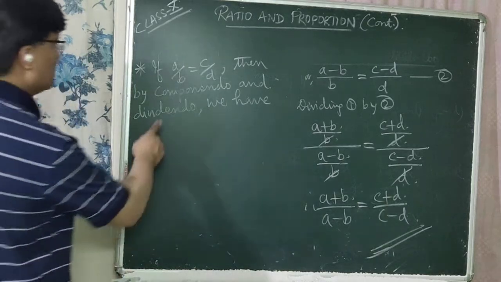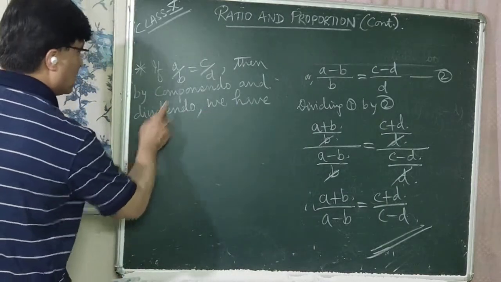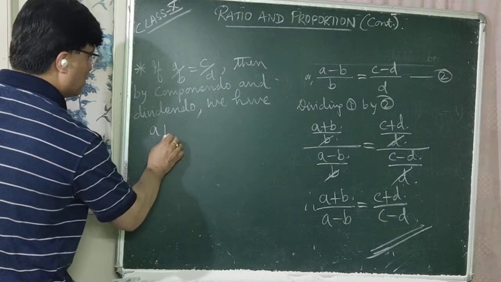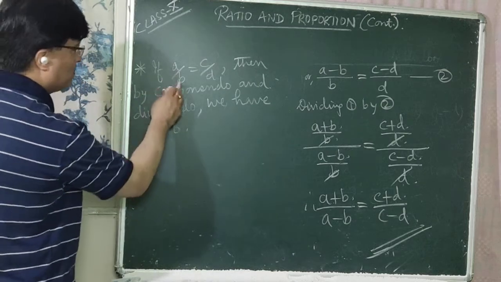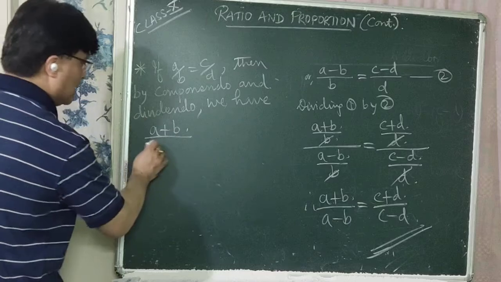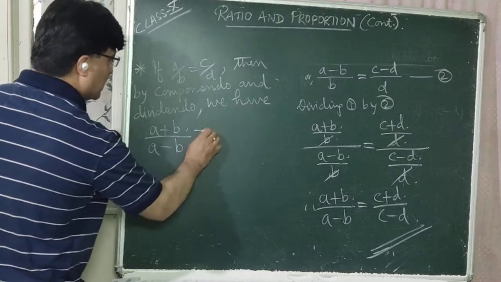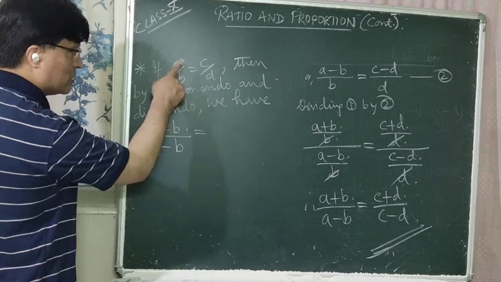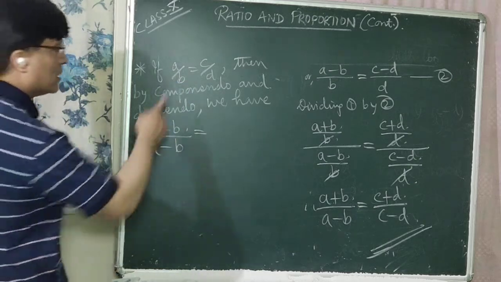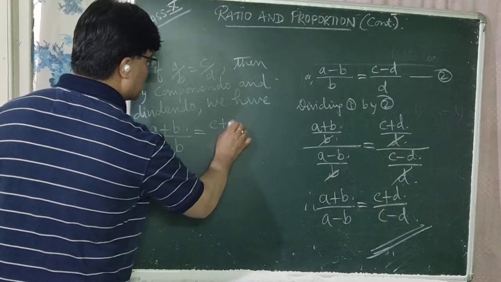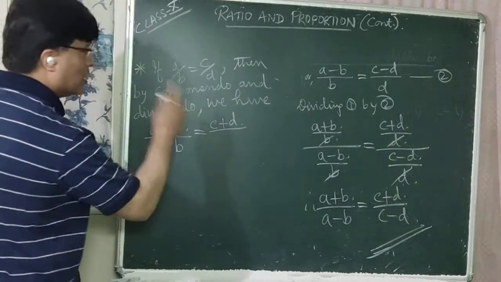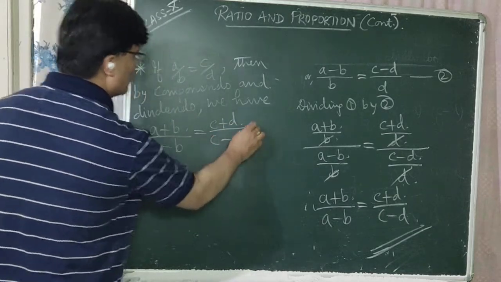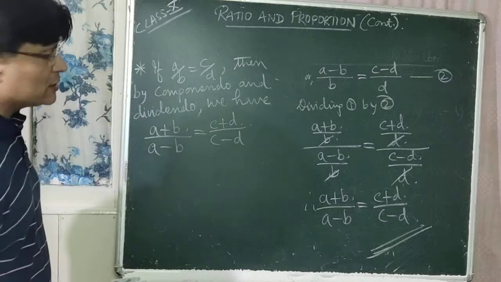That is numerator plus denominator, that is A plus B divided by, in the denominator, A minus B, is equal to, plus componendo, minus dividendo, similarly on the right hand side, what should you write? Numerator C plus denominator D divided by numerator minus denominator.